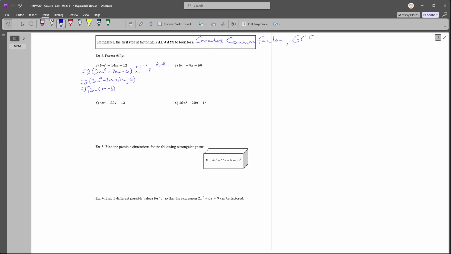I can factor out a 2, and now this is going to be m minus 3 in here. There's the end of my square brackets. I can get rid of the square brackets at this point because now I can combine my final step. So I have 2 multiplied by my first term, which is m minus 3, and then my second term, which is the sum of our two multipliers, 3m plus 2.